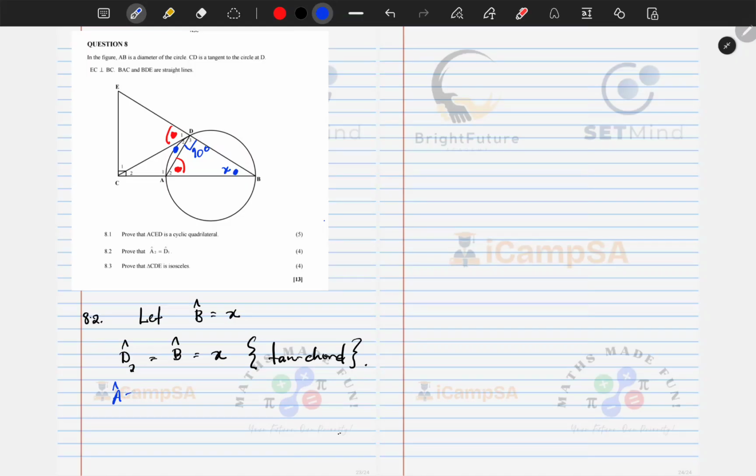Your angle A2 plus your angle B plus your angle D3 is going to be equal to 180 degrees. Why? It's the sum of angles of a triangle.